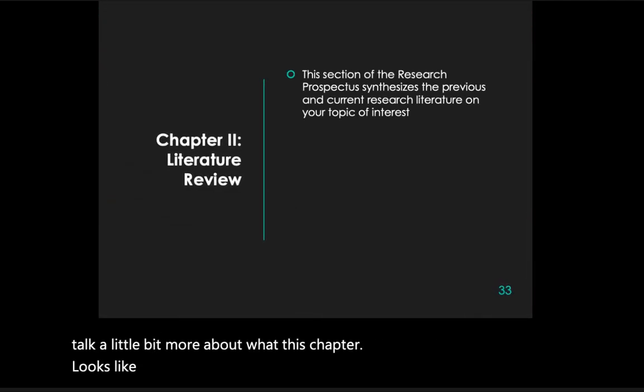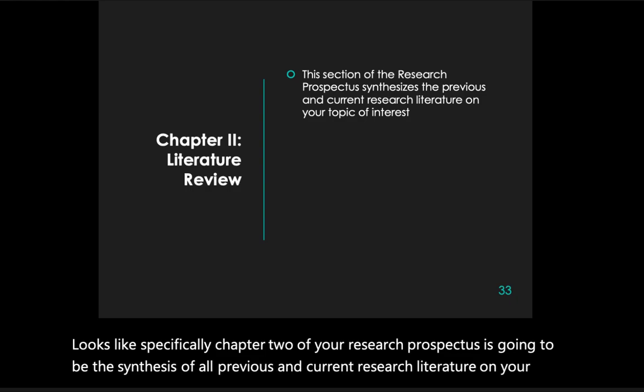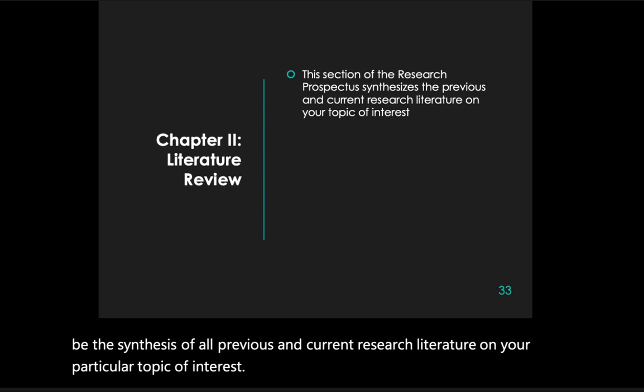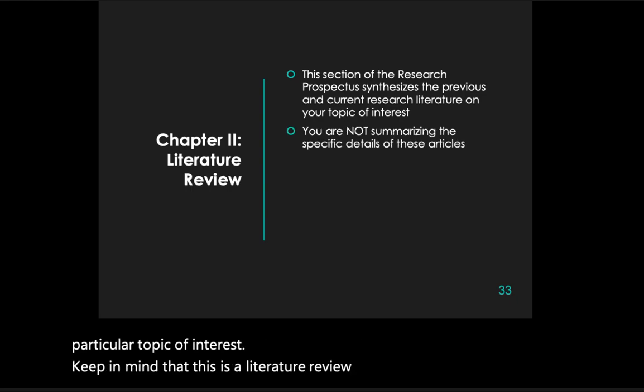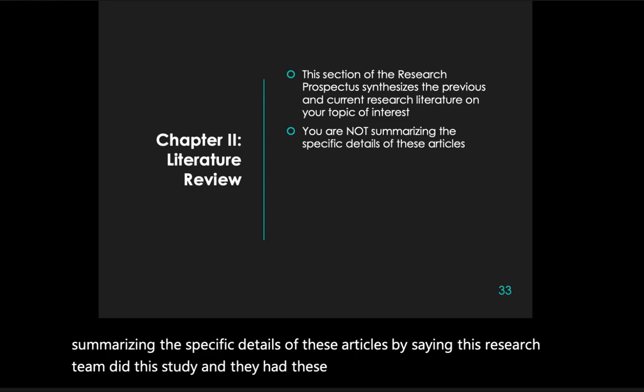Specifically, chapter 2 of your research prospectus is going to be the synthesis of all previous and current research literature on your particular topic of interest. Keep in mind that this is a literature review, so you're not going to be summarizing the specific details of these articles by saying, this research team did this study and they had these participants and they had these findings.